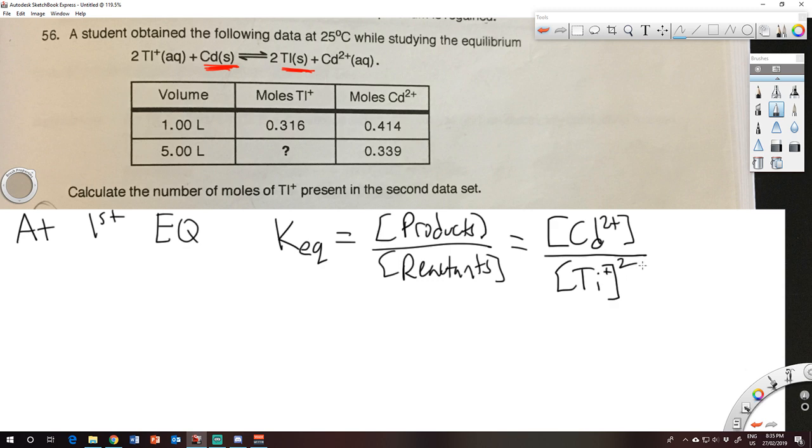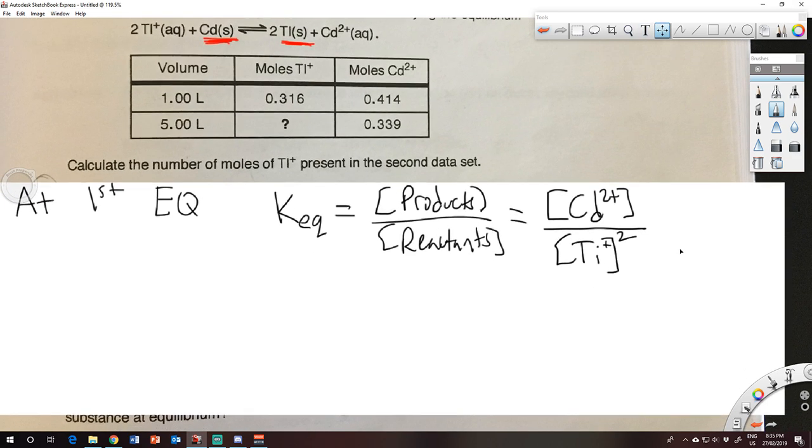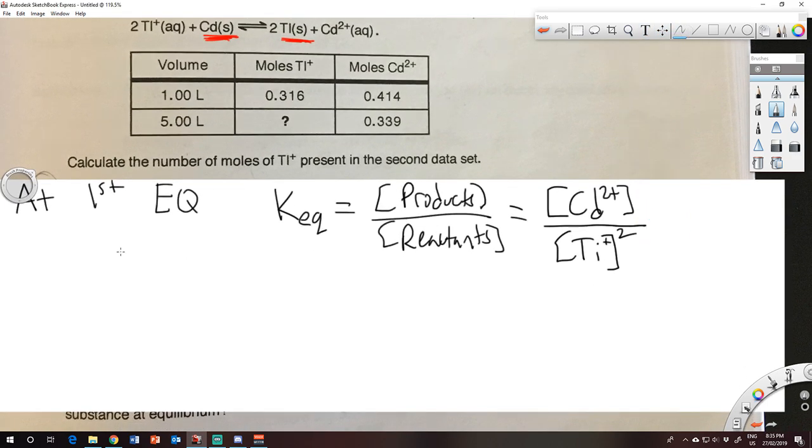Anyways, because of the solid nature of this reactant and this product, we don't actually need them in my equation, so I can just use this. Why did they not give us nice numbers for this? Whatever. Okay, concentration of cadmium 2 plus.